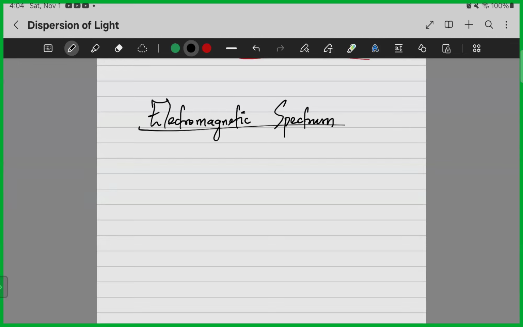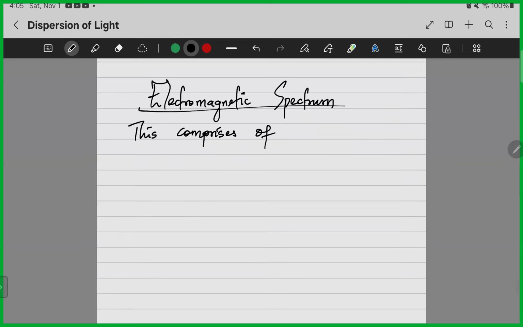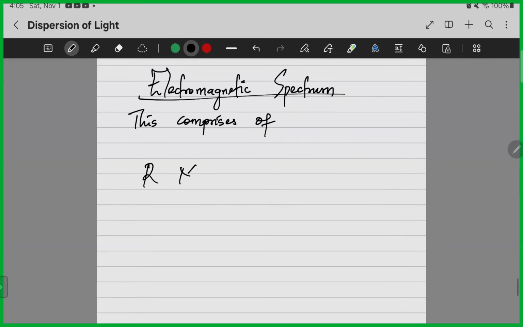The electromagnetic spectrum is made up of seven kinds of rays. I'm going to write them as RMIVUXG. Don't ever forget that acronym. This is radio waves. That's what R stands for.